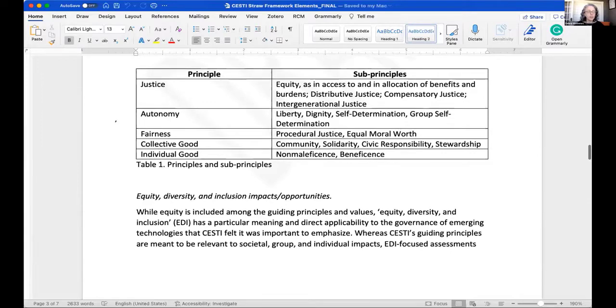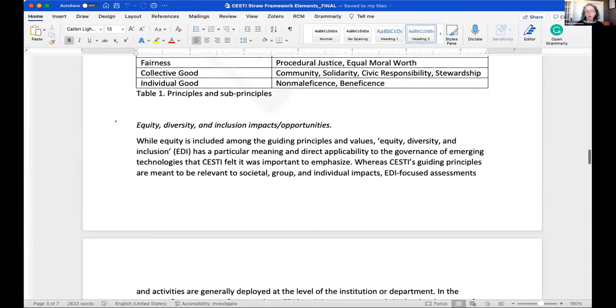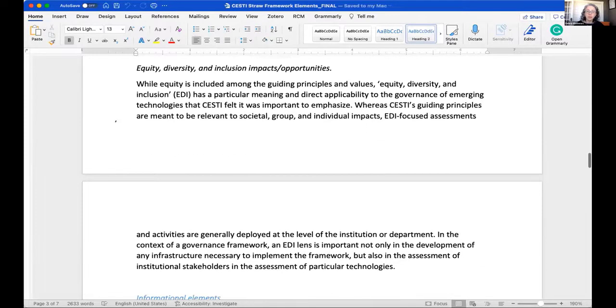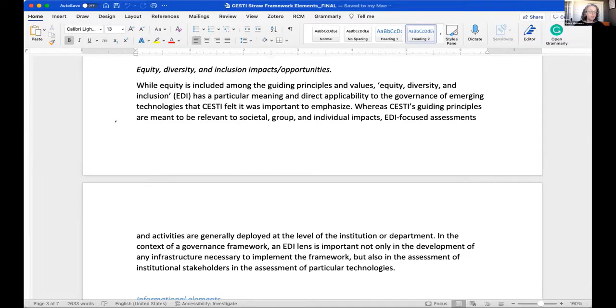We also highlight in this foundational core equity, diversity, and inclusion. And while equity is included among the guiding principles and values, EDI has a particular meaning and direct applicability to the governance of emerging technologies, such that CESTI felt it was important to emphasize and call out individually as well.